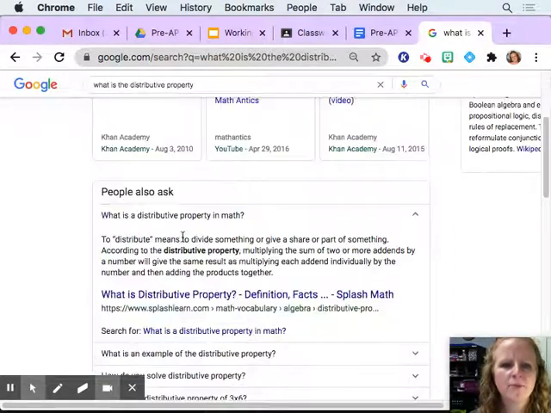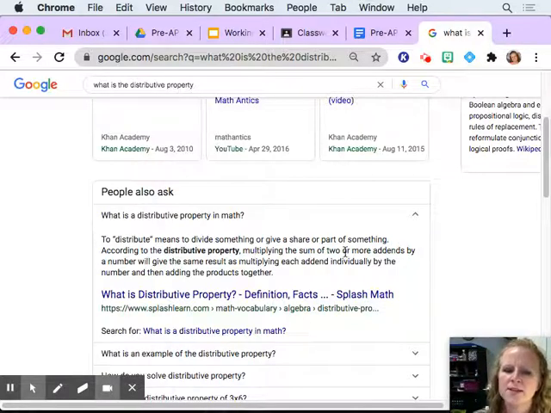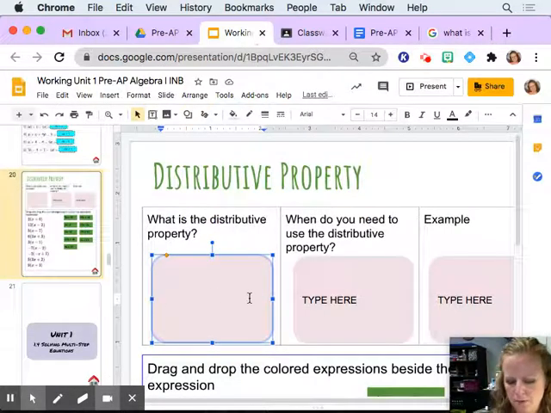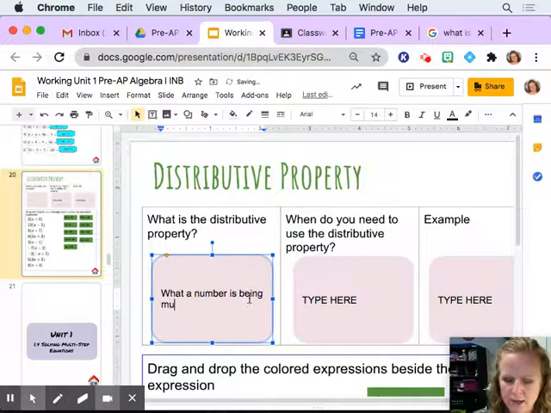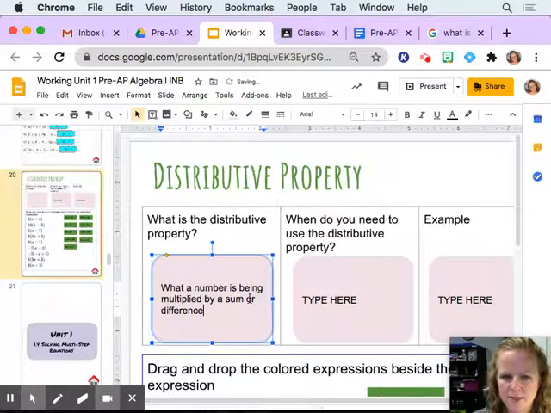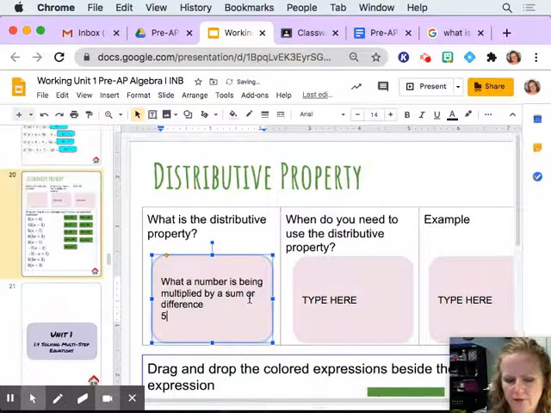Distributive property: to distribute means to divide something or to give or share part of something. According to the distributive property, multiplying the sum of 2 or more add-ins by the number will give the same result as multiplying each add-in individually by the number, then adding the products together. So when a number is being multiplied by a sum or difference, an example would be like 5x plus 2.